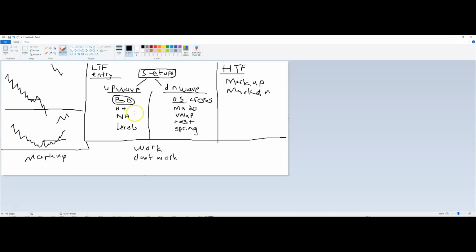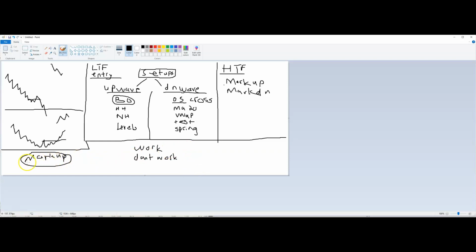What makes signals, and listen up because this is the point, what makes signals work or not work with a high degree of probability depends on whether the higher time frame is in markup or markdown. Now, you can believe me or not. You might say, oh no, it's because of smart money or this level or that level, or there are a lot of orders here and mitigation and this and that.